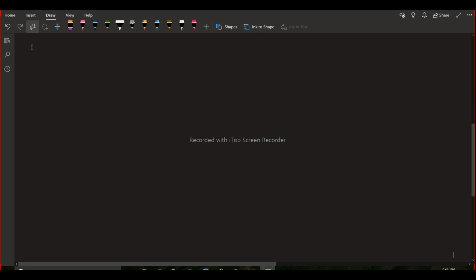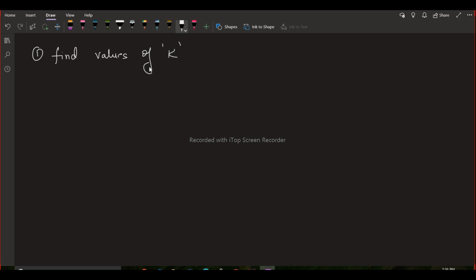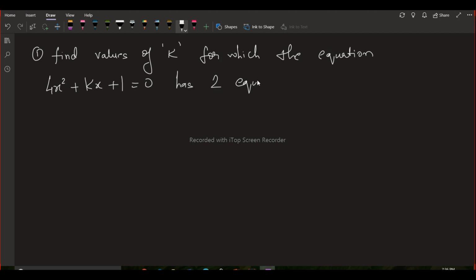Let's say the first question is: find values of k for which the equation 4x² + kx + 1 = 0 has two equal roots. Let's say this is the question, and we want the solution for this.